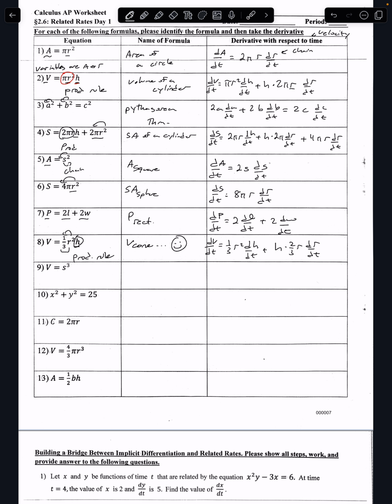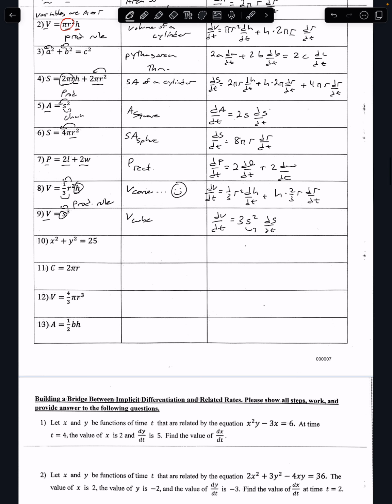So, very simple. And number 9, this is the volume of a cube. There we go. So V is my variable, dV dt. Be careful, this just becomes 3s squared. Remember, s is my variable. Chain rule, ds dt.